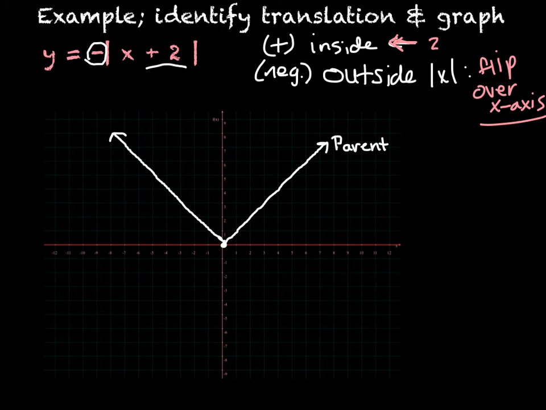Alright, so the first thing, I'm going to draw it flipped over the x-axis. So this part right here, my v is going to stay in the same spot. Recall that this is my x-axis, so instead of going up, it's going to go down like this. And down like this. So now I have that pink graph.